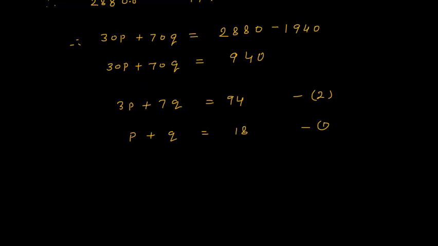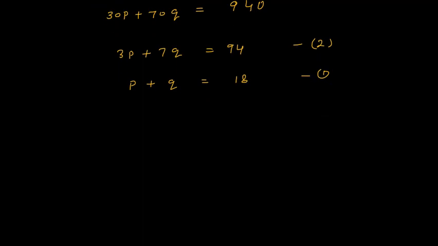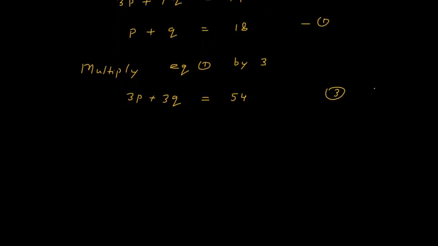So let us multiply equation 1 by 3 and subtract. We will get 3P plus 3Q equal to 18 times 3, which is 54. This is equation 3. And we subtract equation 3 from equation 2.